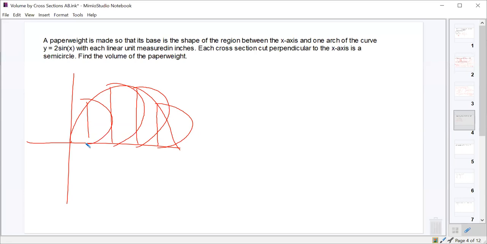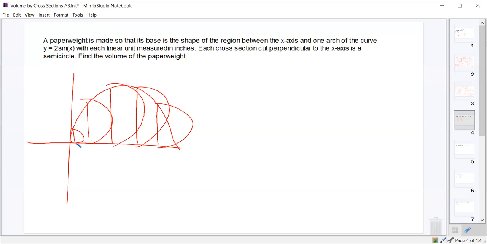Some of them are very, very small over here in the corners, and they get bigger towards the middle, and then they get smaller towards the end again. Conceptually, okay? How many of these semicircles do we have? Please don't say 5. An infinite number of these semicircles, right?